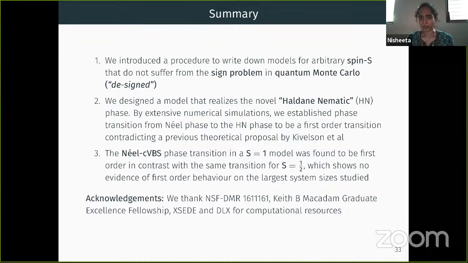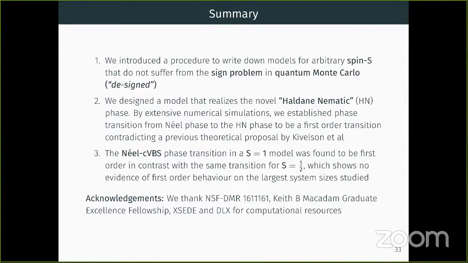For example, like Kedar said, there's the SU3 symmetric model, and the SU3 symmetric model actually shows a continuous transition. And I was thinking of adding a small SU2 term as a perturbation and checking if the model still remains continuous. That would be very illuminating, I guess.